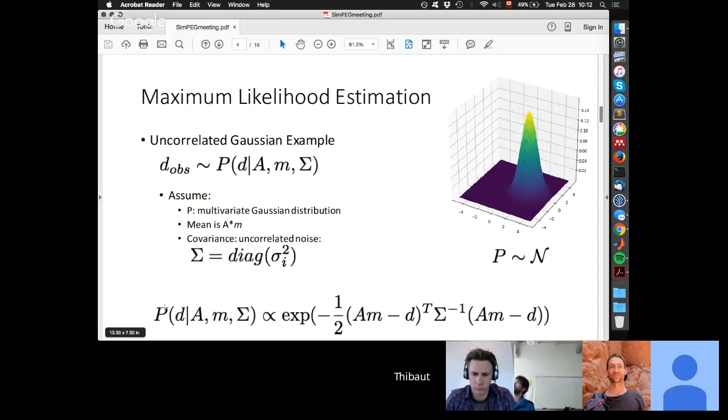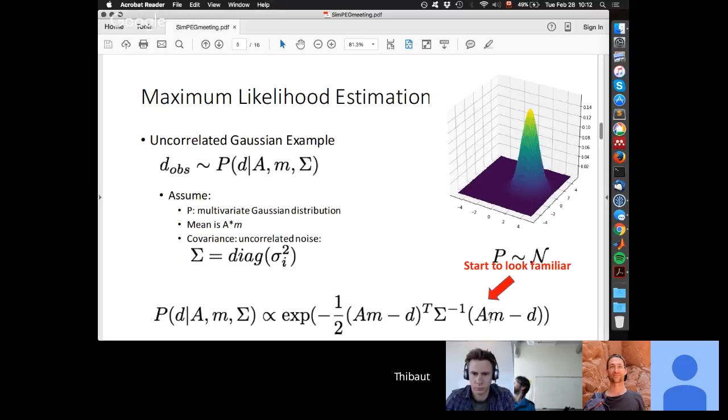If I write it as a Gaussian, dropping the multiplicative constant, this probability is proportional to the exponential of -1/2 (AM minus D) transpose sigma minus 1 (AM minus D).